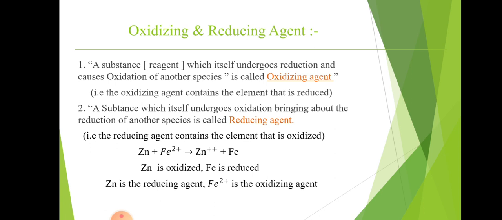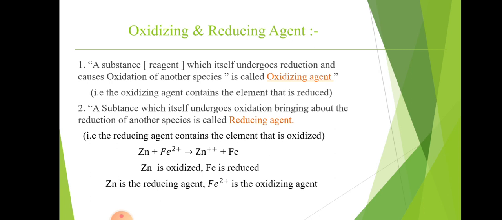And in this reaction, the ferrous ion is the oxidizing agent because the ferrous ion is reduced to iron. That's why the ferrous ion is the oxidizing agent. Now these are examples of oxidizing and reducing agents.